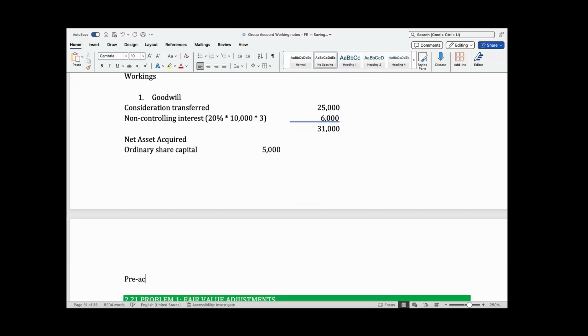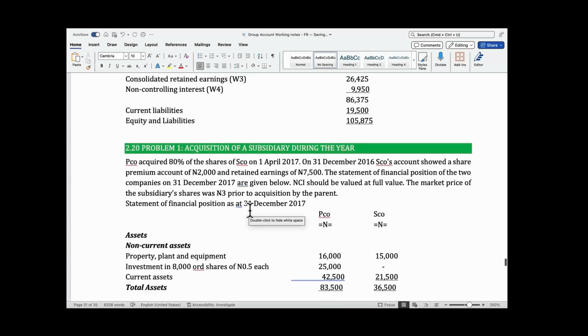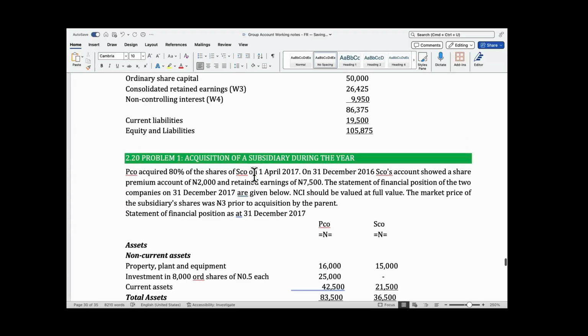Now, this is where we are going. In this case, there's pre-acquisition share premium and there's pre-acquisition retained earnings. For the share premium, what I need is the share premium as at April. The question gave me the figure as at the end of last year, 2,000.